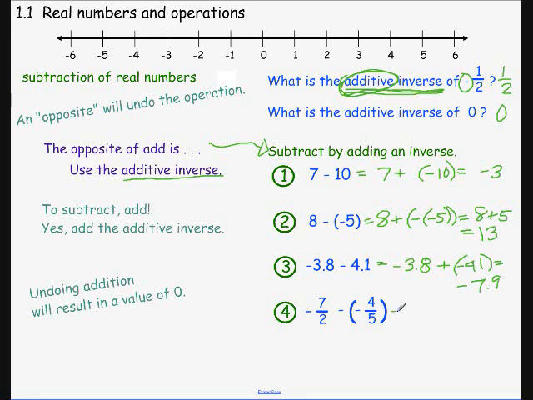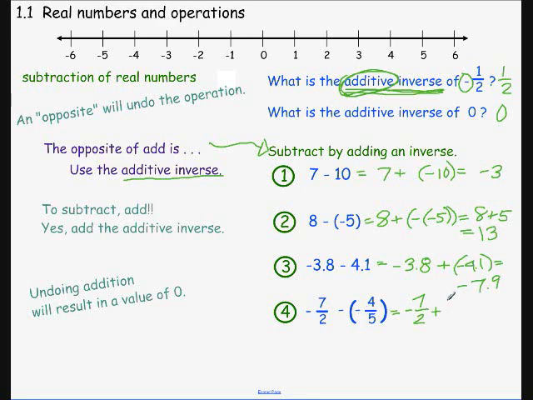Finally, let's convert this into an addition problem. We've got negative 7 over 2. And we're going to turn this into an addition problem. If we're subtracting a negative, it is already an addition, right?